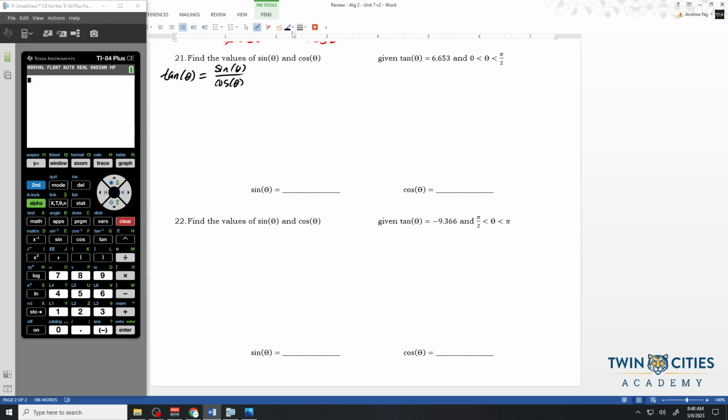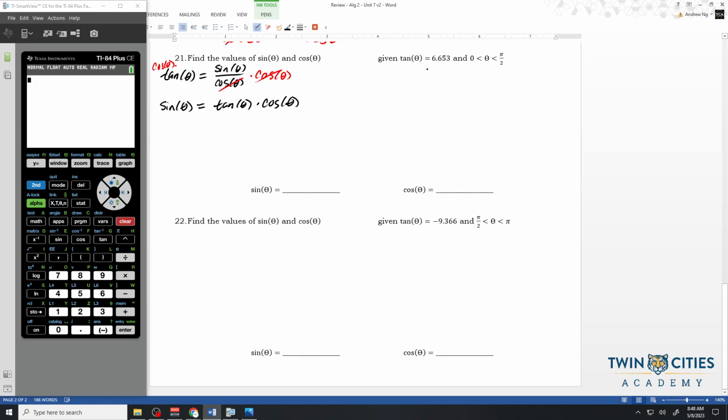Well, what I can do here is I can multiply both sides by cosine of theta. Have that divide out, and I'm left with sine of theta on this side is equal to tangent of theta, and I multiply that by cosine of theta.